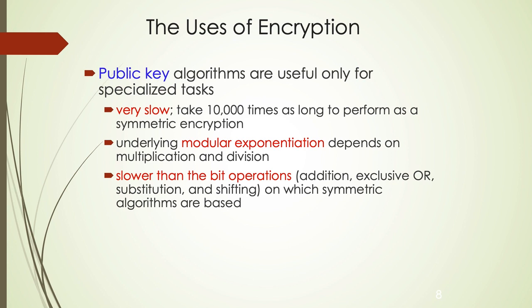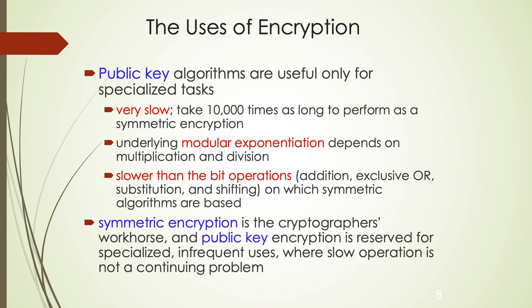Like they're 10,000 times as long to perform than a symmetric encryption, and they're of course slower than the bit operations. Now, symmetric encryption is therefore the cryptographer's workhorse, and public key encryption is reserved for specialized infrequent uses.